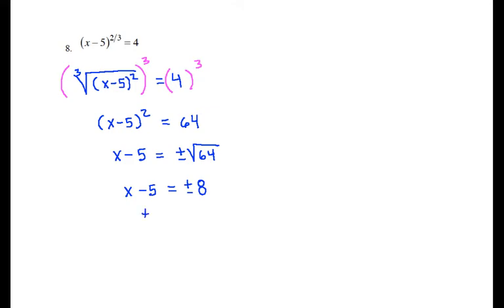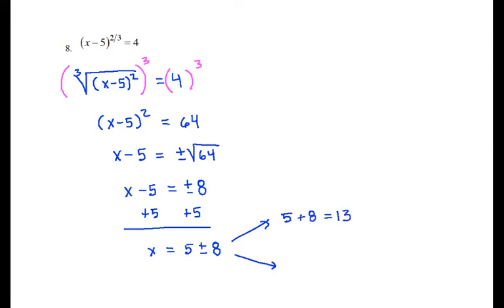And if I add 5 to both sides now, I get that x is equal to 5 plus or minus 8, which I can now break up into the two separate cases. 5 plus 8 is 13, and 5 minus 8 is negative 3. So I have two solutions to this equation.